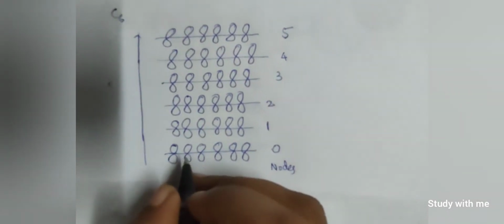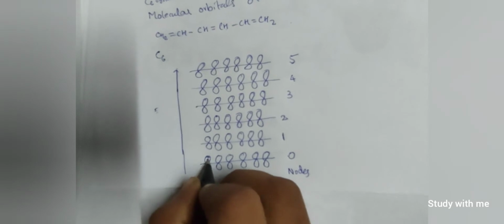And I have already said that the first one will have all positive signs in the upper side, so this will be all positive, and the second one will have first one positive and last one negative, and only 1 node. So we can draw the node in the middle of this 6. So 3 here and 3 will be here. So these 3 will have positive sign, so here no node, and these 3 will have negative sign.